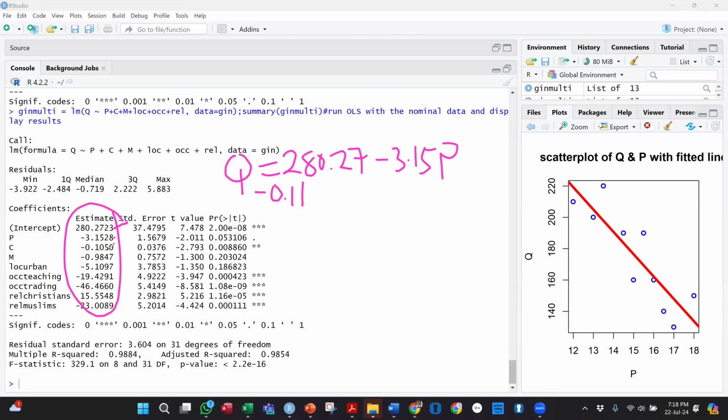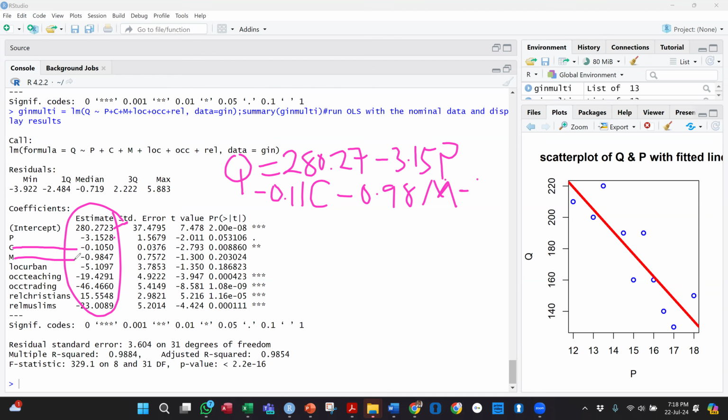And what is the letter? It is C. So that's what we just did. The next one is for income, and when you check the value, it is minus 0.98. So you write minus 0.98 and then income, which is M. The next one is lock urban, and that is minus 5.11.